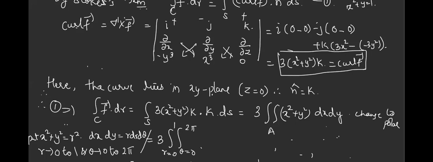What is the x square plus y square value? r square. What is dx dy? Now, which type of limits do we have, constant or variable? Constant. You can just separate them: r varying from 0 to 1, dr, and theta varying from 0 to 2 pi, d theta.